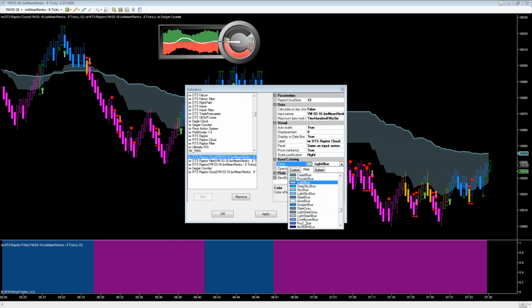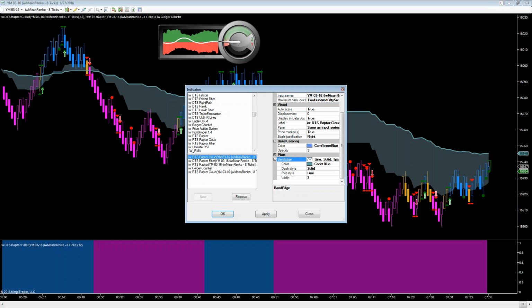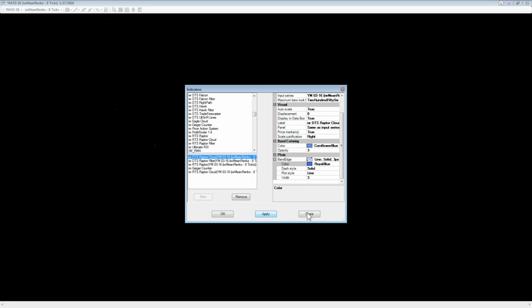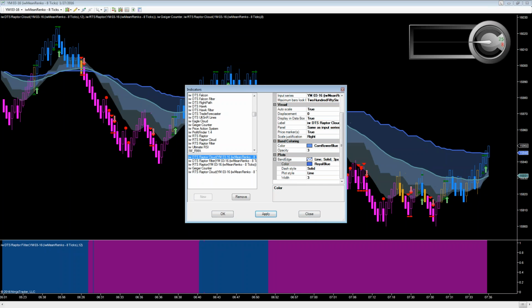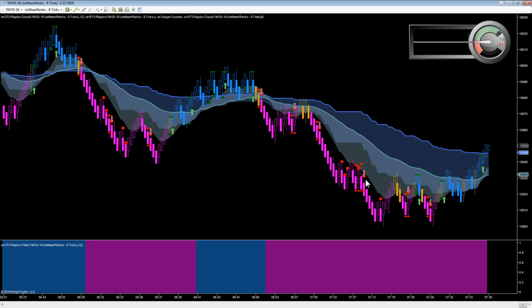So maybe cornflower blue is pretty, and we'll change the band color to royal blue is nice. And there we go. So now we have a double band.